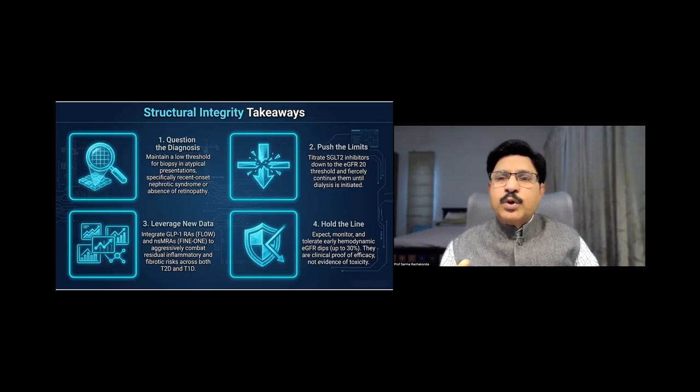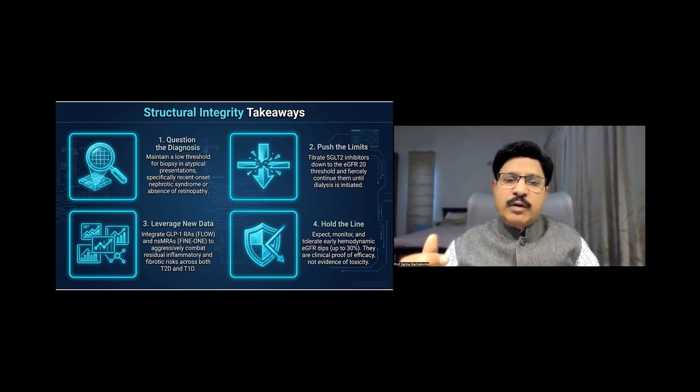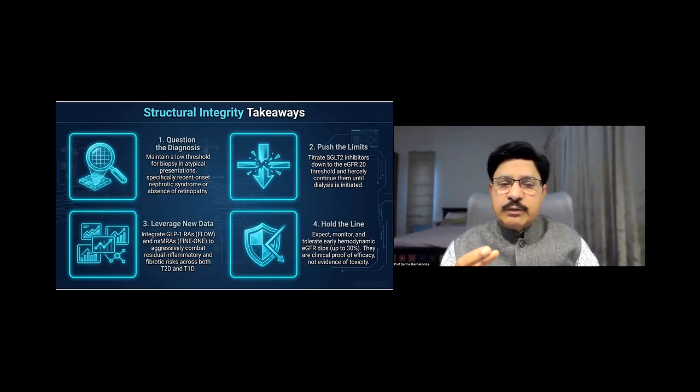Number 2, push the limits. Titrate SGLT2s down to the eGFR 20 threshold and fiercely continue them until dialysis is initiated. Number 3, leverage new data: integrate the GLP-1 RA FLOW trial and the NSMRA FINE-1 trial to aggressively combat residual inflammatory and fibrotic risk across both type 2 and type 1.